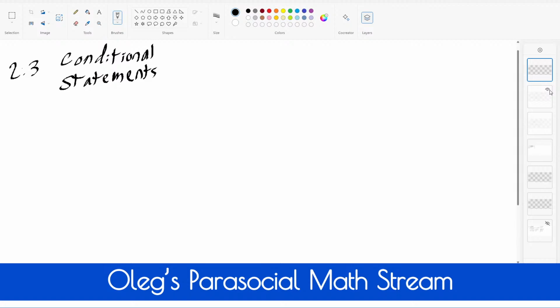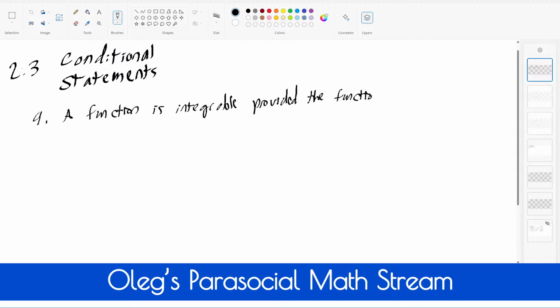Okay, 9. Here we go. Notice that it didn't say you have to understand the sentence.